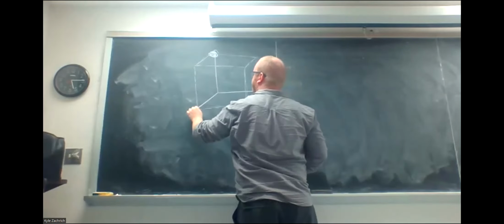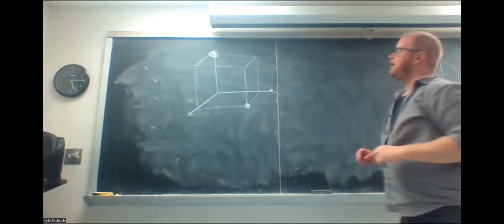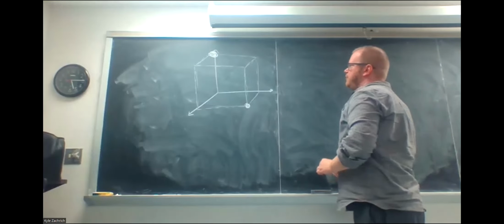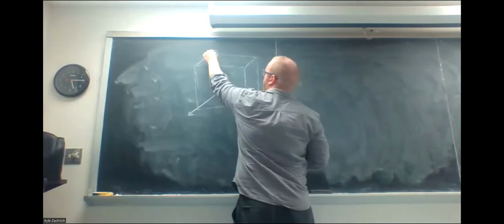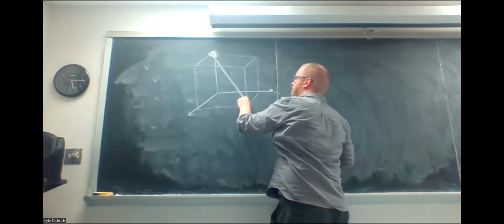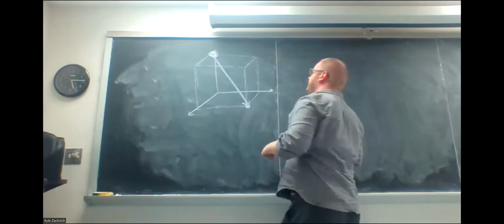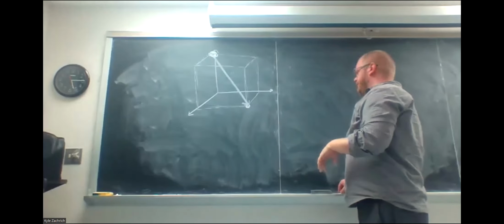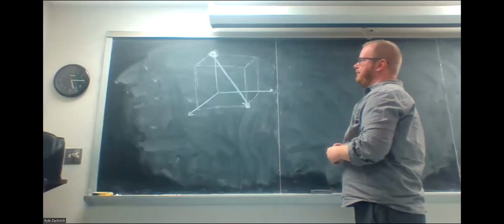So they say, take these 2 points on the unit cube here and find the vector, or maybe find the magnitude of that vector there.